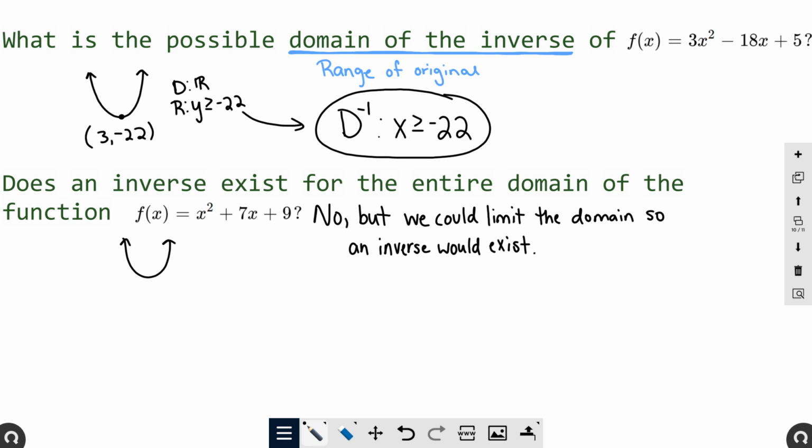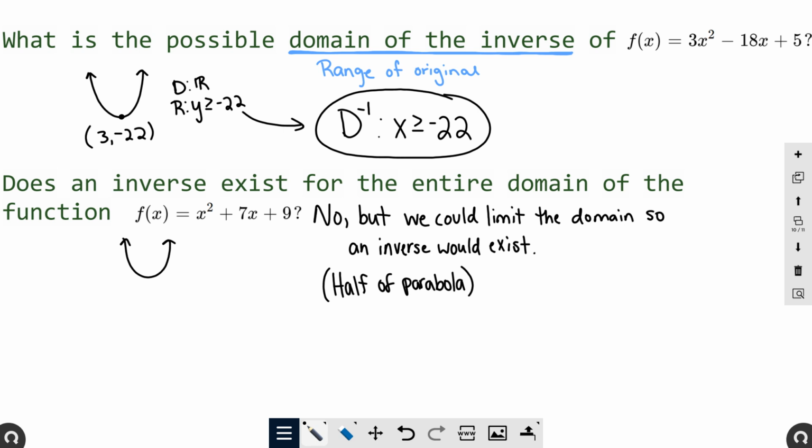But if I could get rid of some of the parabola, would it pass the vertical line test? If I got rid of how much? Half of it. So if I got rid of half of the parabola, it would exist.